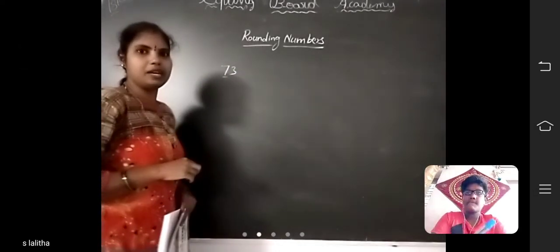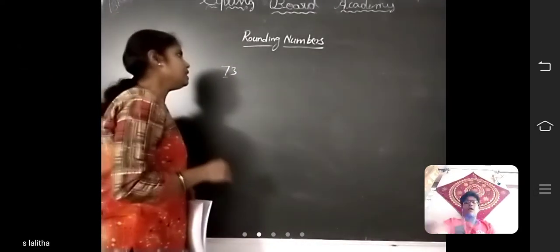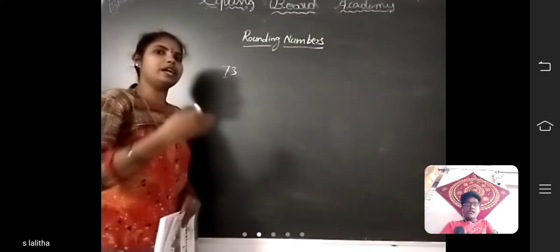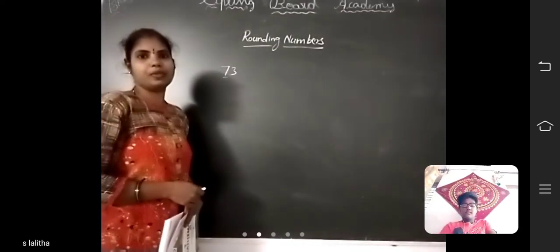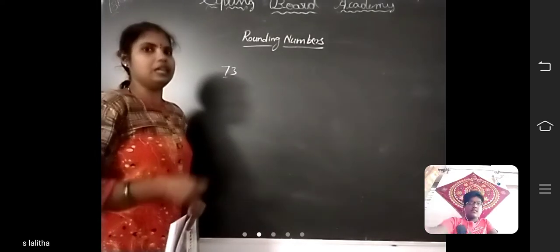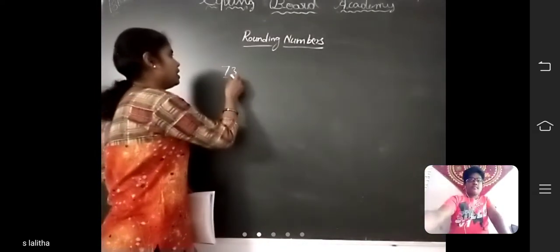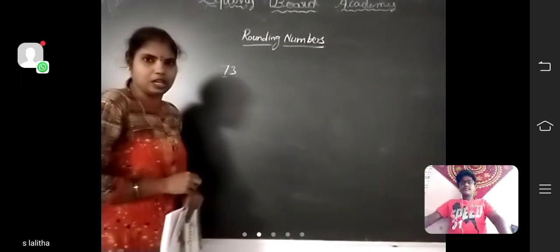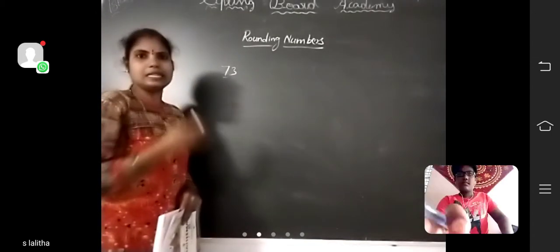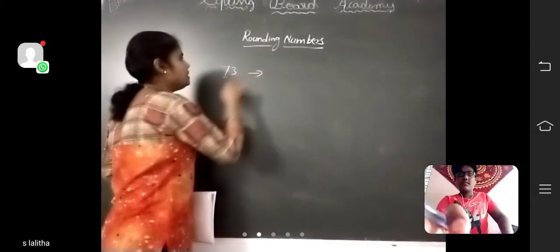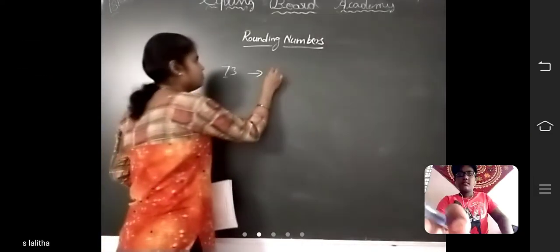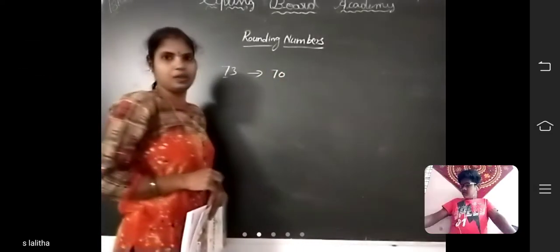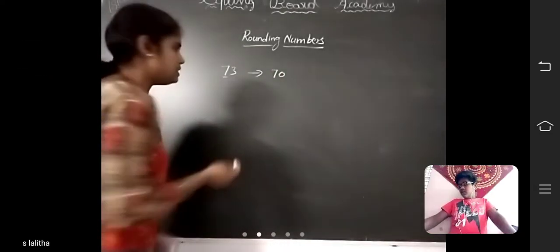Is 3 less than 5, greater than 5, or equal to 5? It is less than 5. Less than 5 means you should replace the units place with 0 and keep the remaining digits as they are. So what is the rounding of 73? 70.